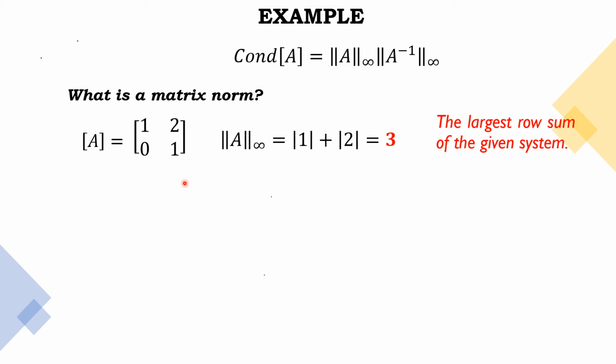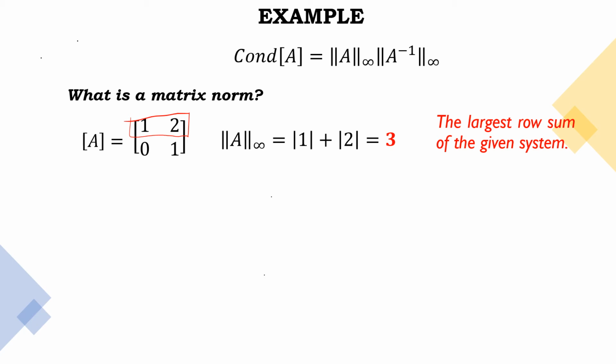By inspection, if you take the absolute value of 1 and 2 and add them, that results in 3. So this is actually the norm of A infinity. It's basically 3. Simple as that.